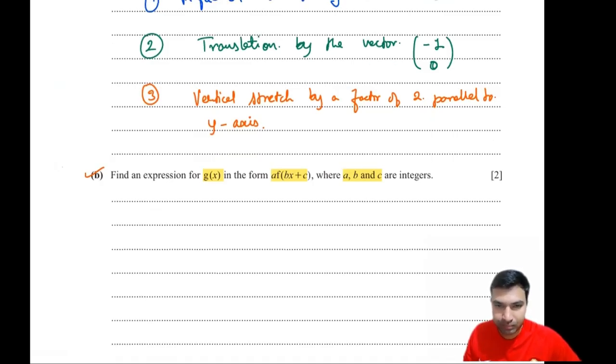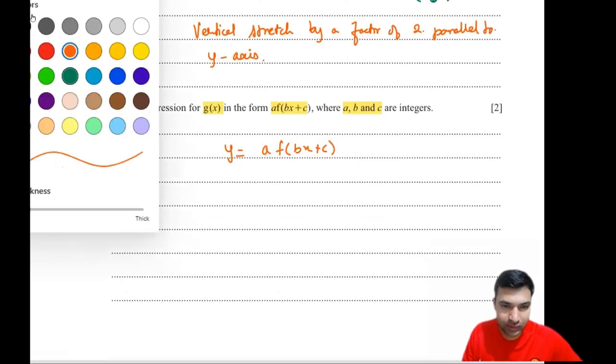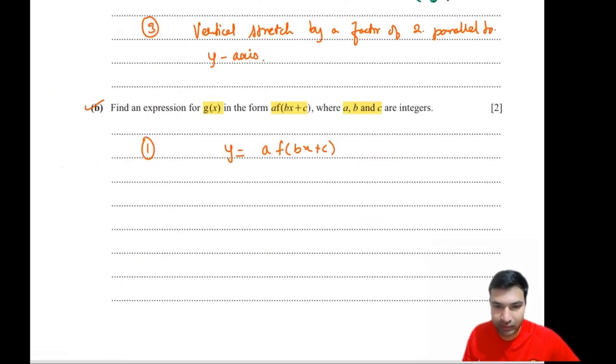We know that reflection about the y-axis means x becomes negative x. So the first transformation, let's suppose y equals a times f of (bx plus c), is the reflection. That means x will become negative x, right? Let a be as it is. x will become negative x, plus c. So the first transformation is done.